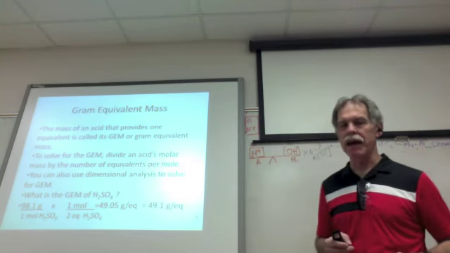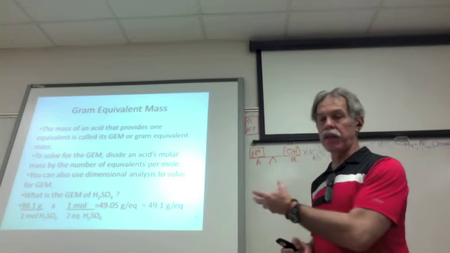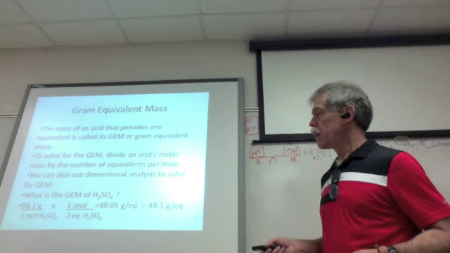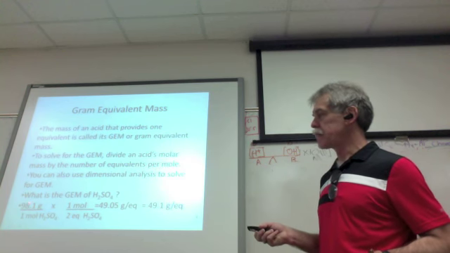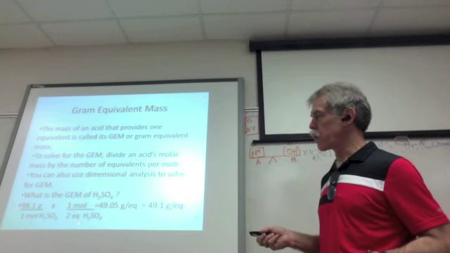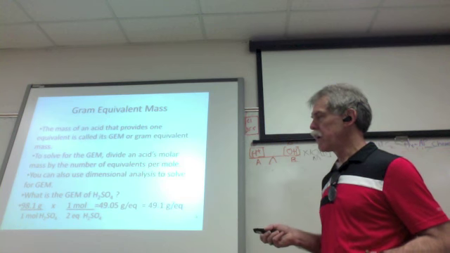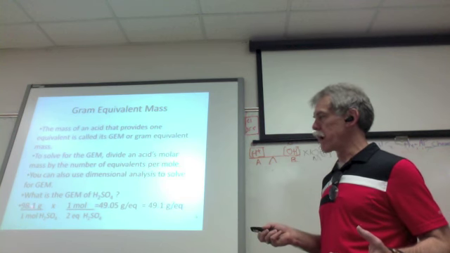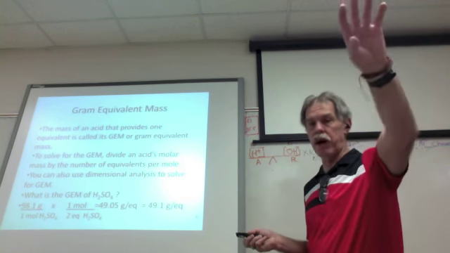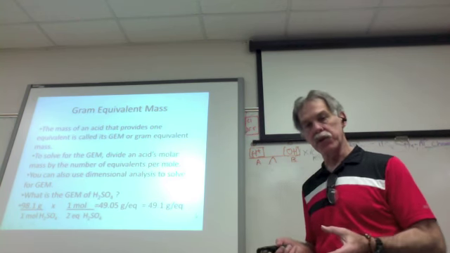That's gram equivalent mass. Now, if you want to do dimensional analysis, we've got that worked out down on the bottom of the page. Notice that we got the molar mass, grams per mole, and then we multiply by moles per equivalent because we want moles to cancel and we want grams per equivalent. We end up with 98.1 grams of H2SO4 that we got from the periodic table divided by 2 equivalents that we got from H2.